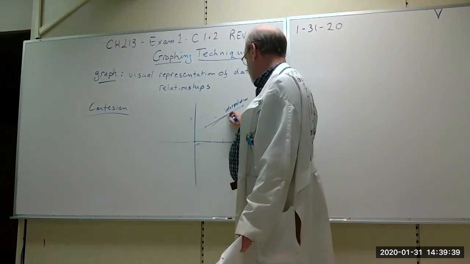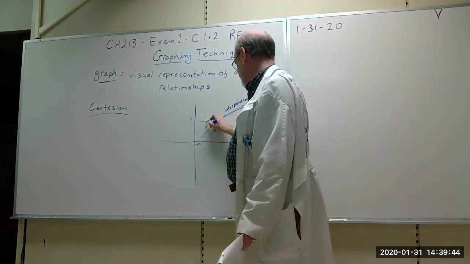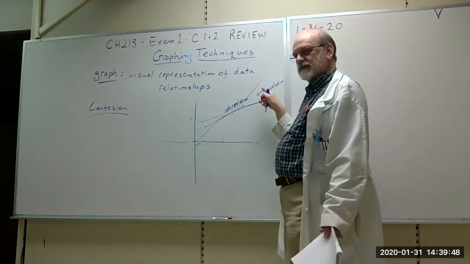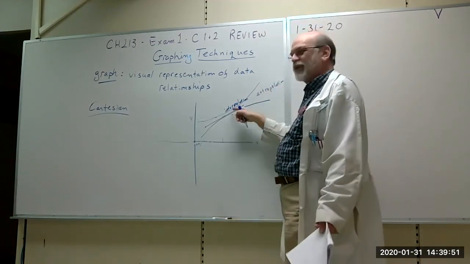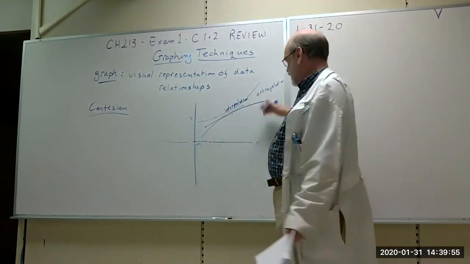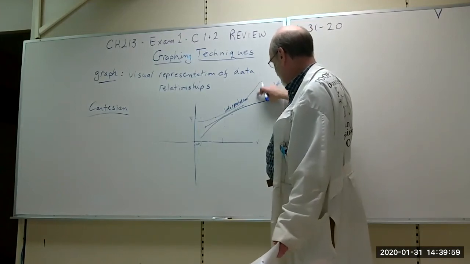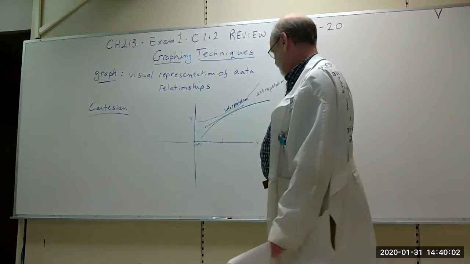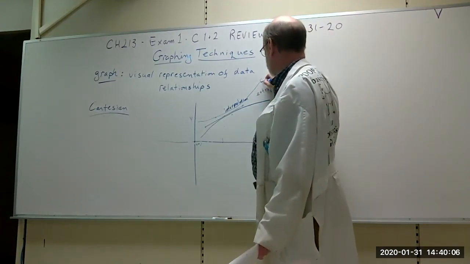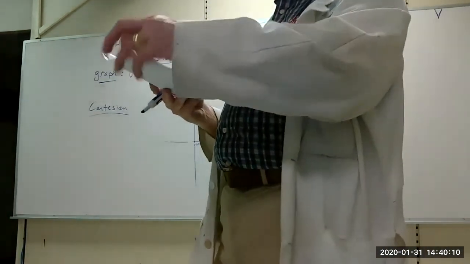And then you really become less and less confident the farther away you get from your data set. Okay, so this would be a confidence interval. It could be here, it could be there, it could be anywhere in here. So those are our confidence limits. That's really CL. I don't think they talk about that here either.